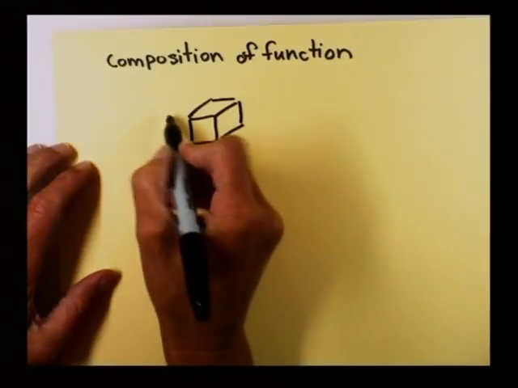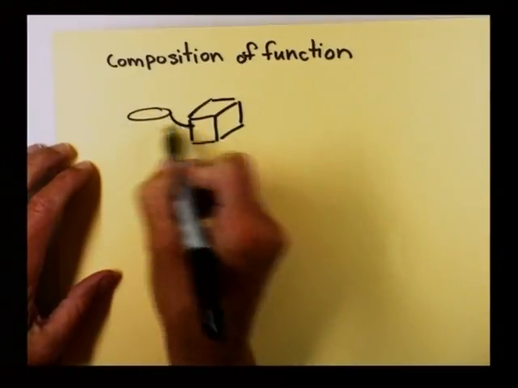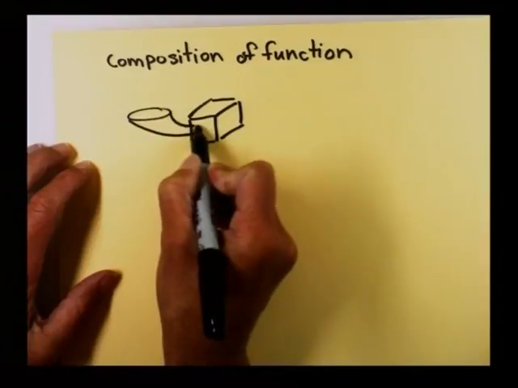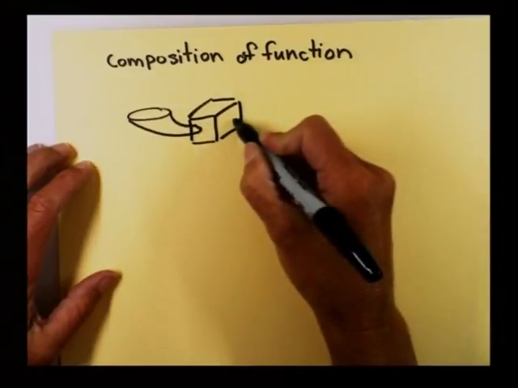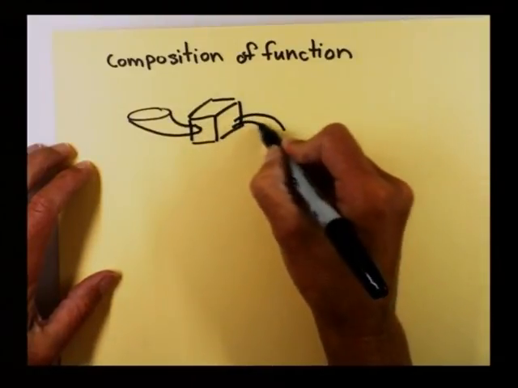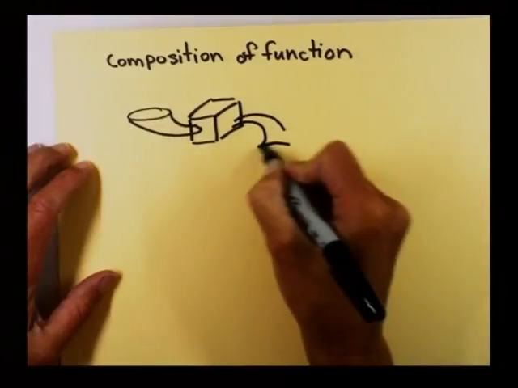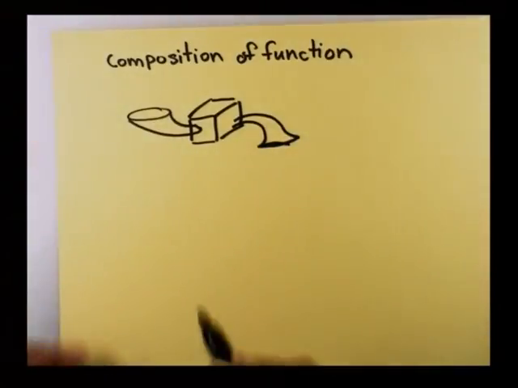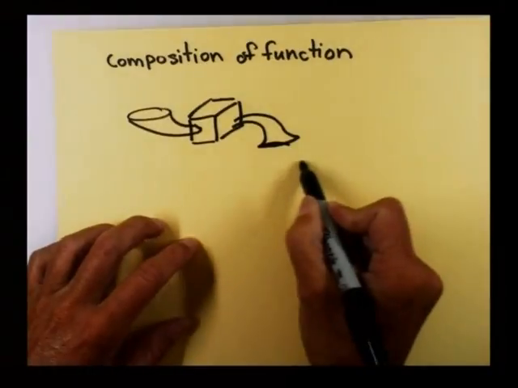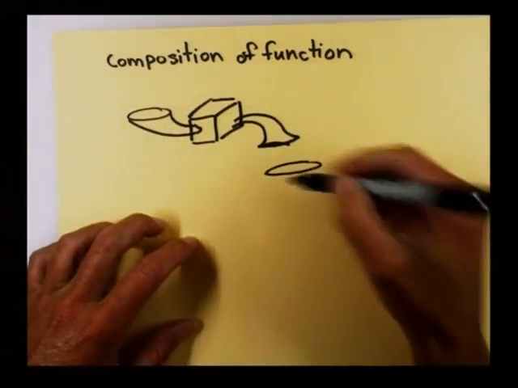I have my F machine, or G, or whatever name this happens to be. And then I'm going to take another machine and draw it down here.